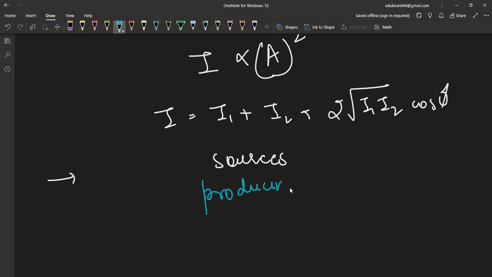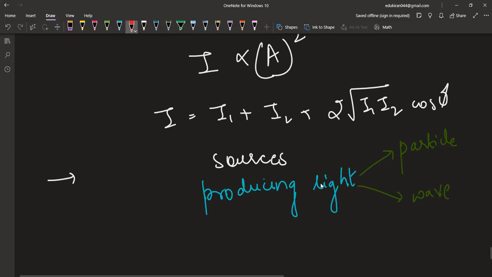Whether this light is in the form of particle or in the form of a wave, we use a complete term, that is source.